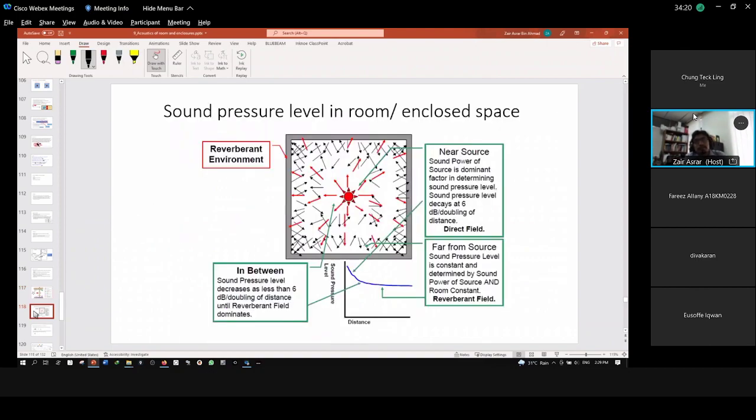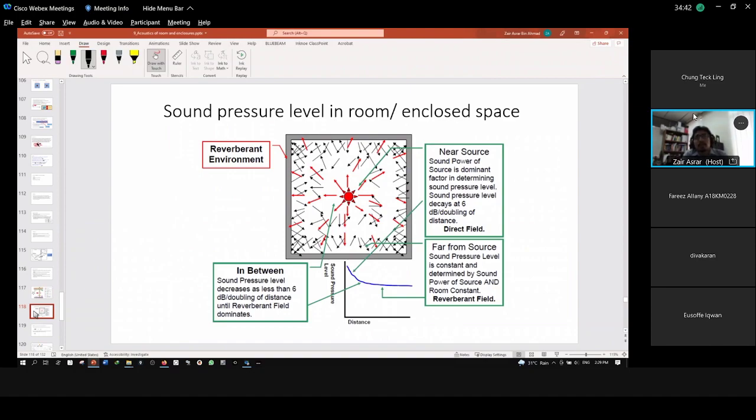In a room, even though I'm saying that the sound pressure level might not be the same at certain locations, after some time, since we know the sound will be reflecting within this room, you will reach what we call a steady level or reverberant level.